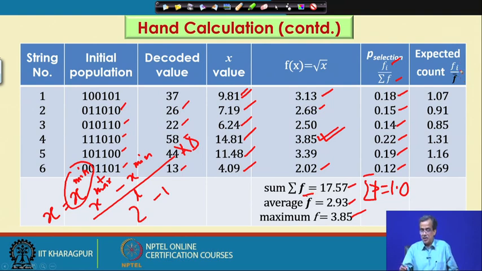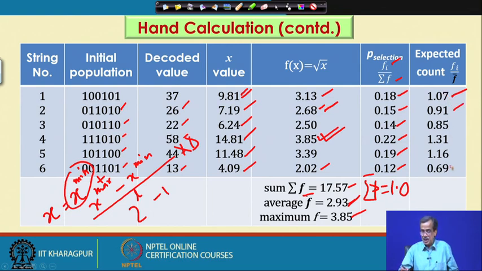So, Fi divided by F bar, that is 3.13 divided by 2.93, is 1.07. Similarly, for the second string, it is 2.68 divided by 2.93, and this will become equal to 0.91.